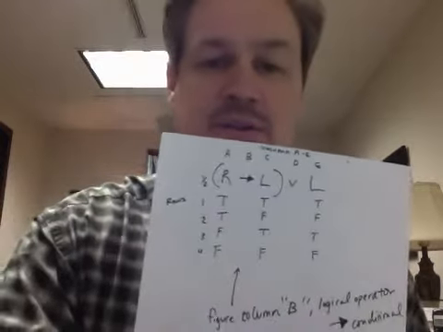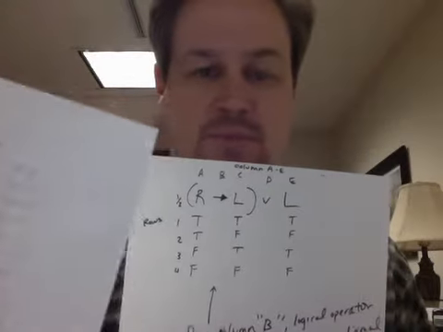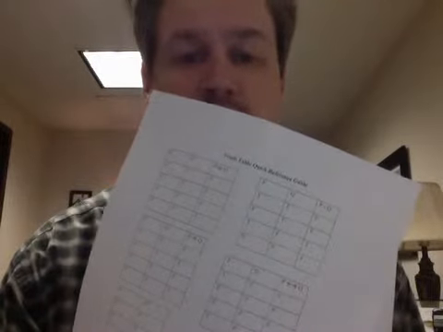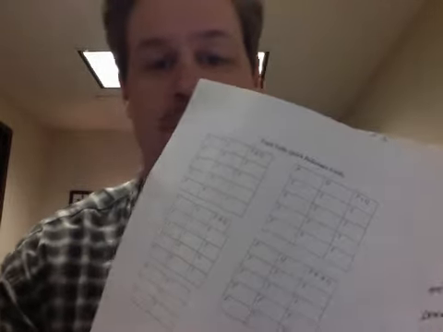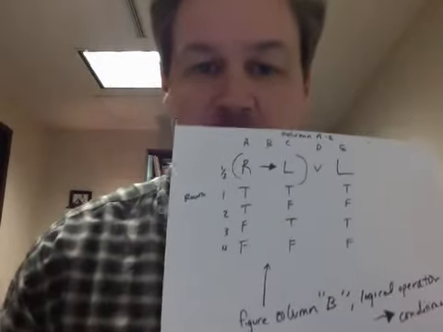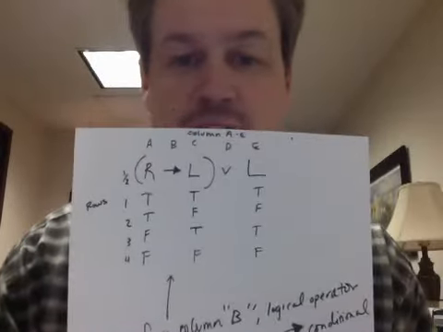And in order to do that, hopefully you've already printed out your handy-dandy truth table quick reference guide. There we want to find the conditional and use that to help us solve this truth table.